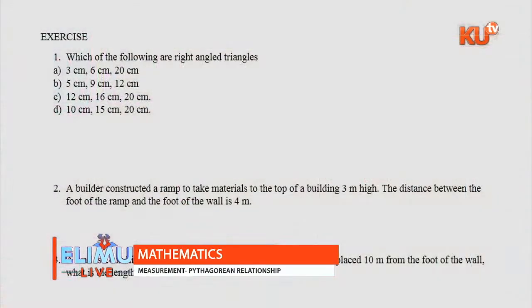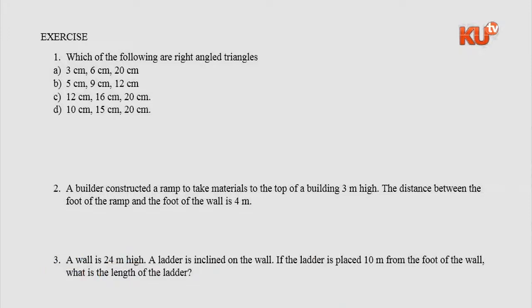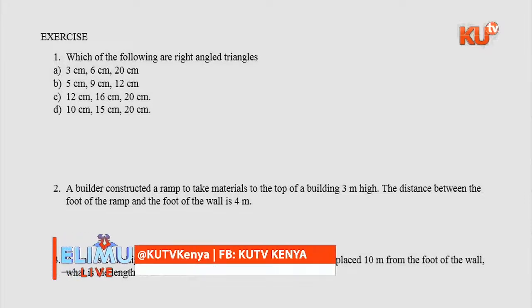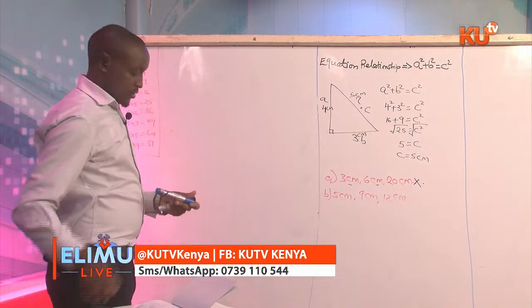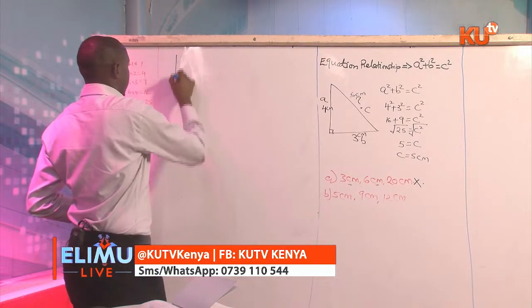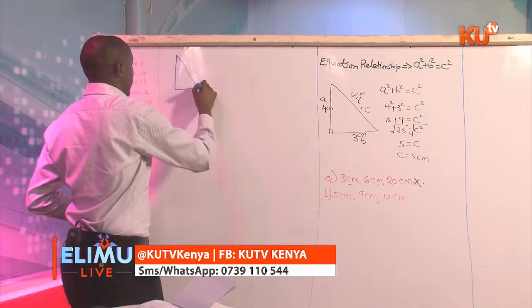So let's pick B, which is 5 by 9 by 12. So B is 5 centimeters by 9 centimeters by 12 centimeters. Then we shall draw the same sketch, our right-angled triangle.